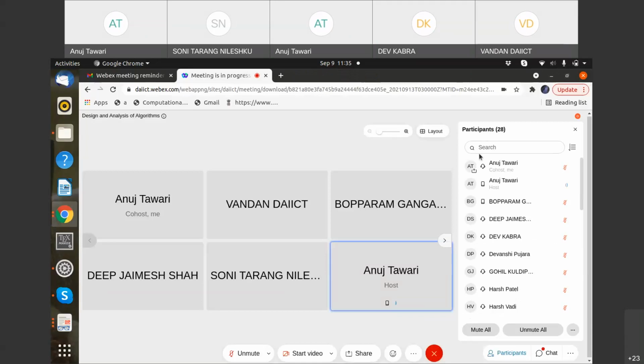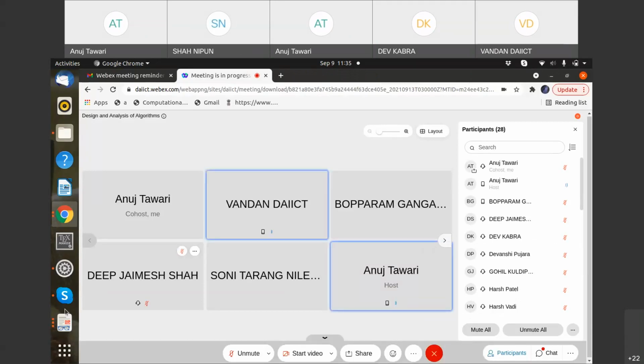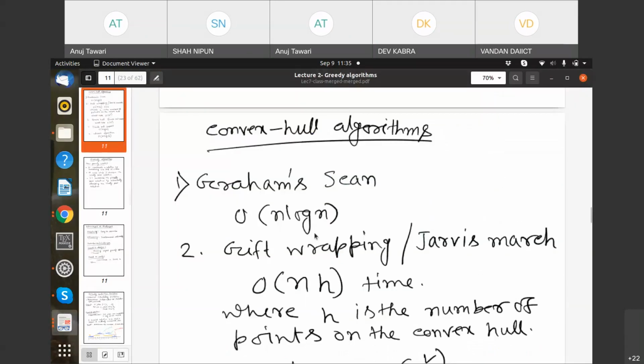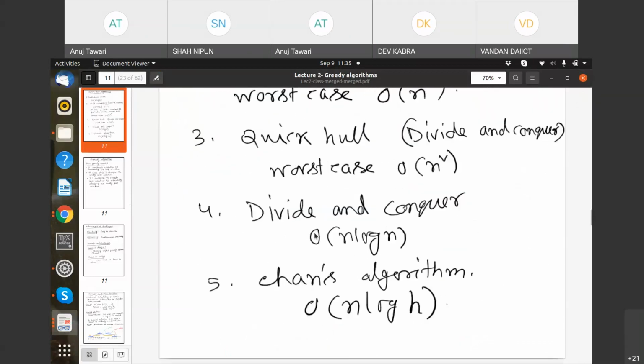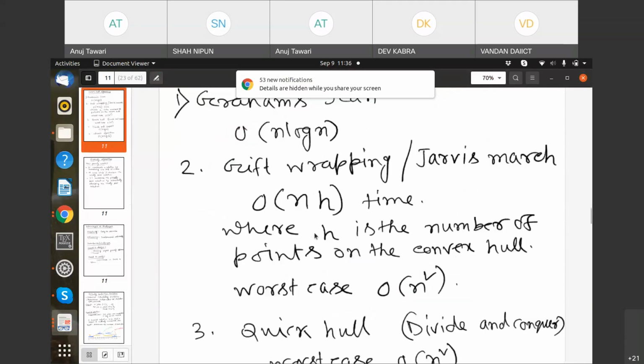Sir, one algorithm was having complexity of order n log h. So can we say that it will always be less than Graham scan?